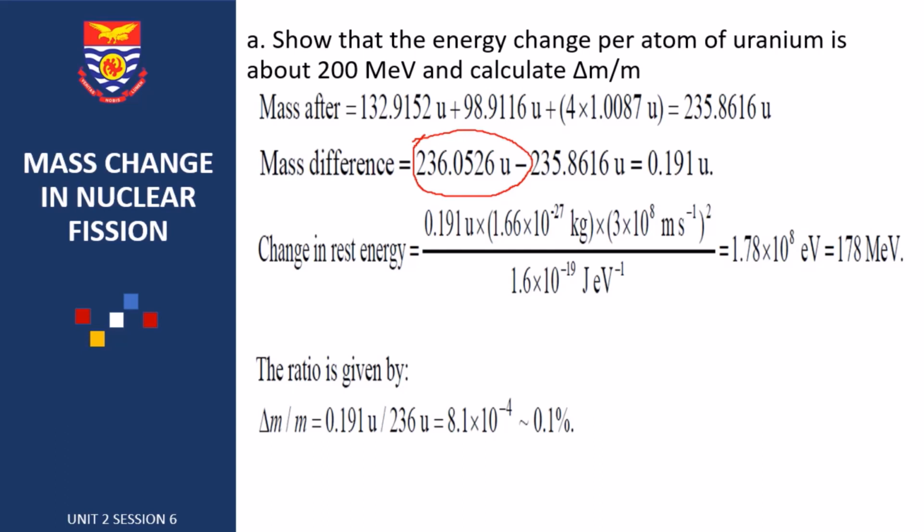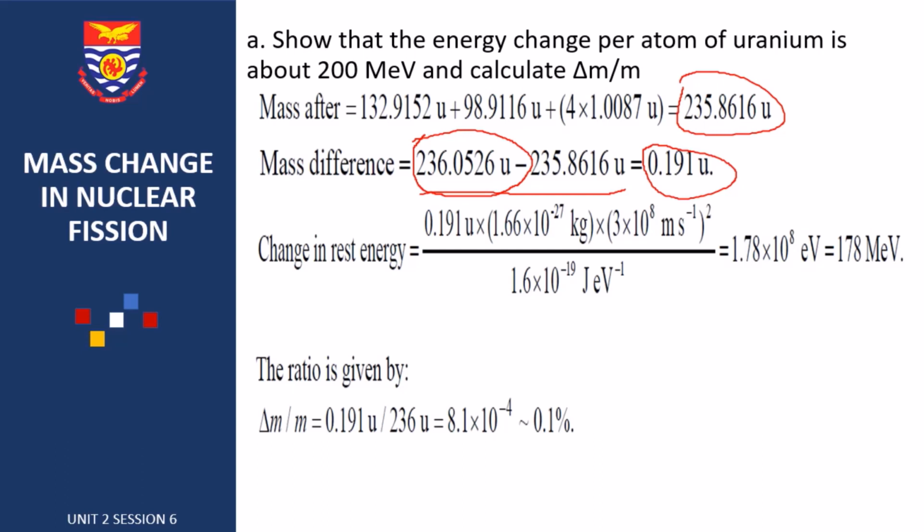So when we put that together, we will get 235.8616 U. Once we have achieved that, we subtract the mass after the reaction from the mass before the reaction. So we do this operation and we get 0.191 U as the difference in mass. So that is the mass defect.